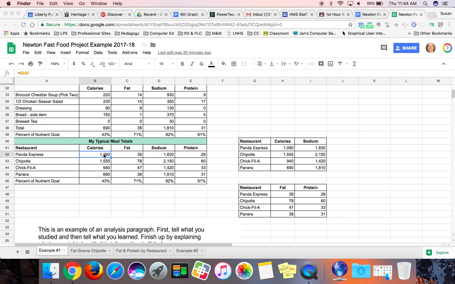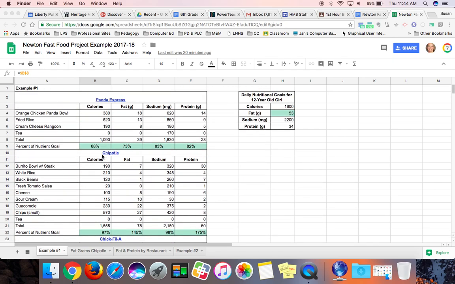So my point here is what you can do is take like your total for Panda Express. Okay, what I did here was I used what's called the absolute cell reference, but I didn't put any formula in it. Okay, so I just put $B$8. What that's going to do is it tells the spreadsheet to look at what is in cell B8 and copy it down there.